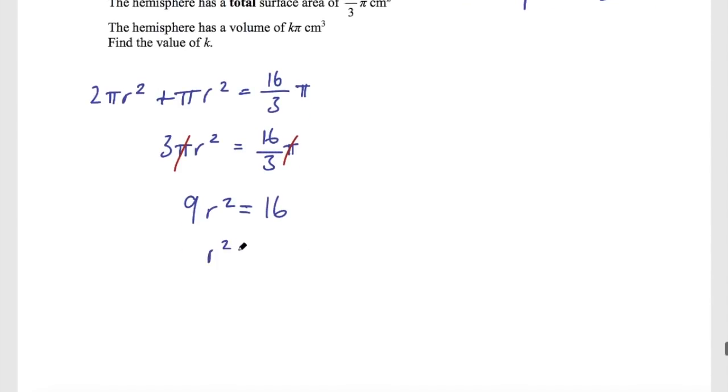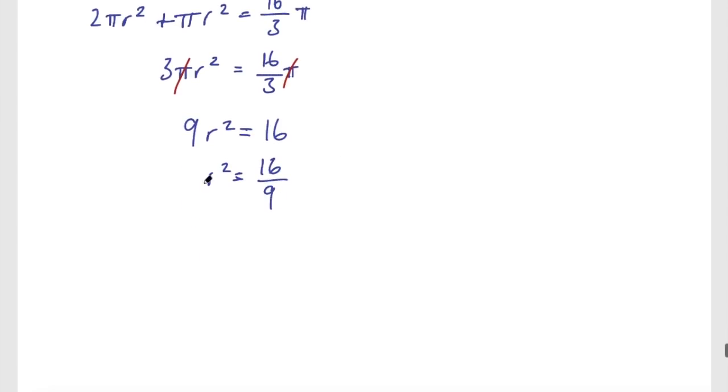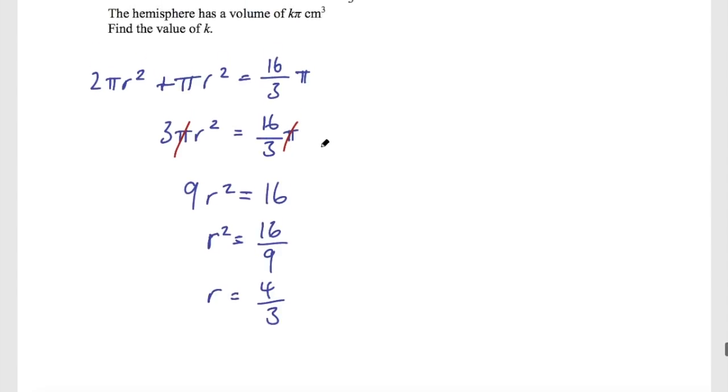So r squared equals, now divide the right-hand side by 9, it's going to be 16 over 9. And then square root both sides to get rid of this exponent. So r equals 4 on 3. The square root of 16 is 4, and the square root of 9 is 3. So now I have the radius of this sphere, which is 4 on 3.